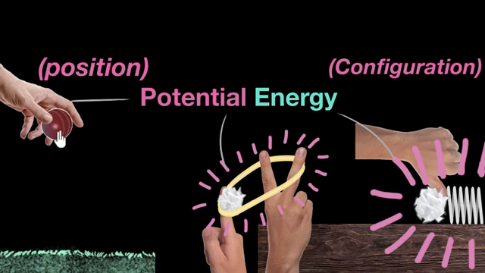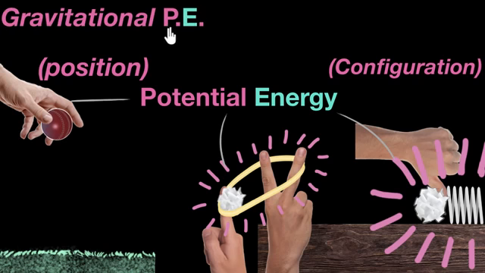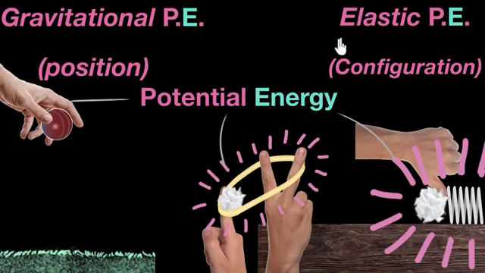So over here, we can say the energy in gravity is gravitational potential energy. Similarly, over here, we can say the energy is elastic potential energy, because the energy is coming due to elastic forces, right? Due to the elastic nature of the material. But they're all potential energies waiting to become kinetic.